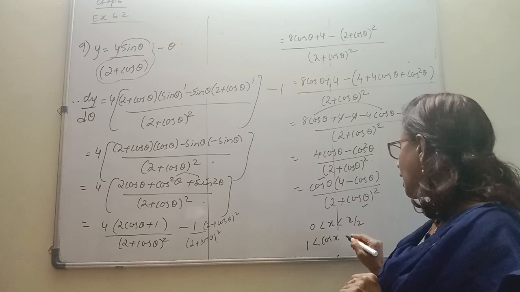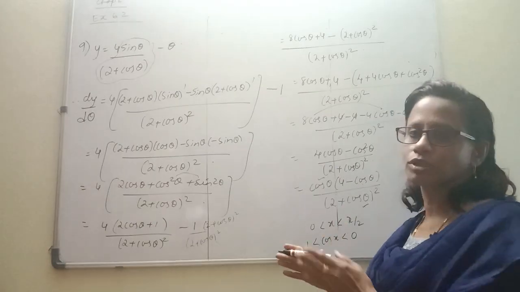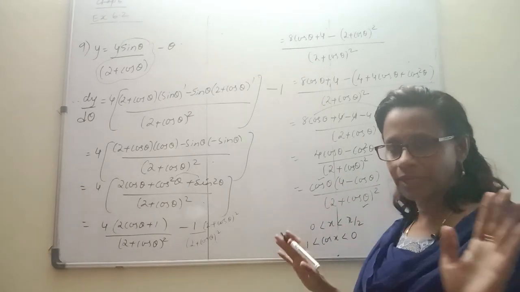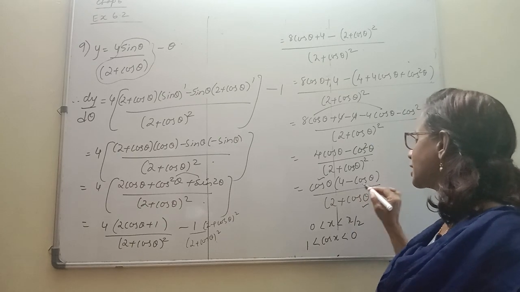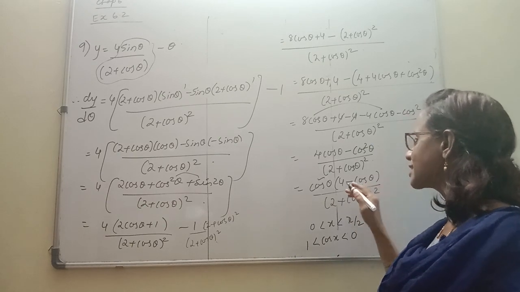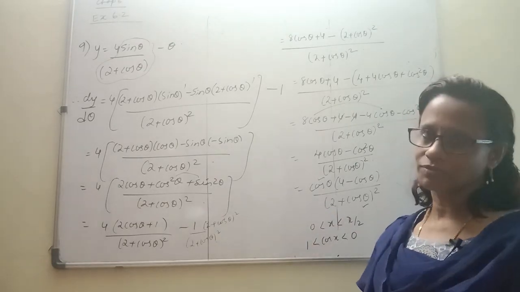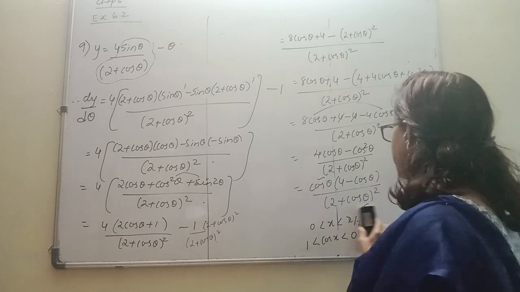Cos 0 is 1, and cos pi by 2 is 0. So you have all the values between 1 to 0, 1 half, 1 by root 2, root 3 by 2. They're all in fact positive values. So therefore this is a positive value. In that sense, 4 minus, when we subtract, it is definitely going to be a positive value. So as such, this expression is positive, but we need a small explanation for it.